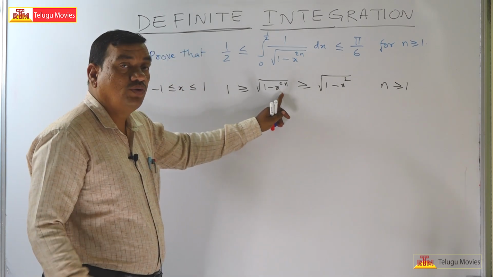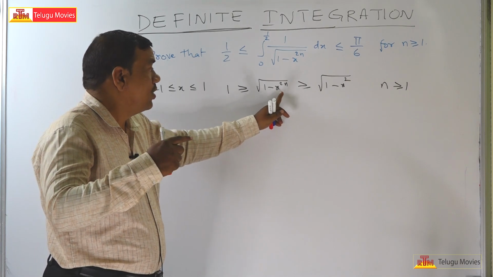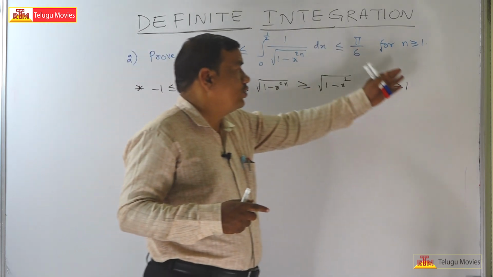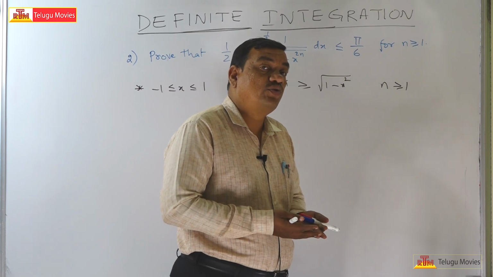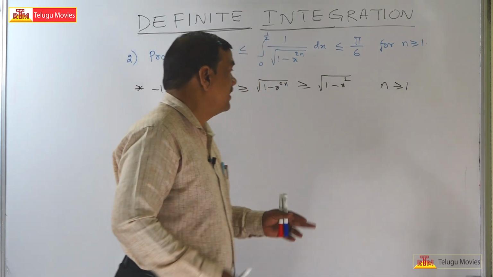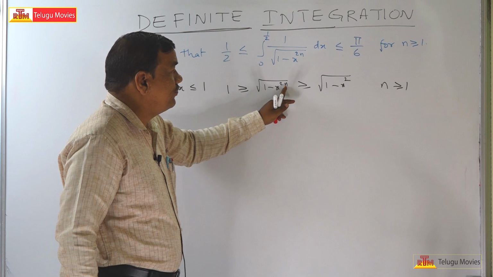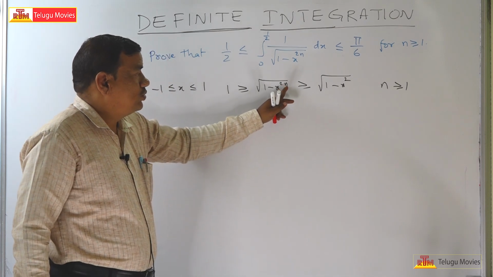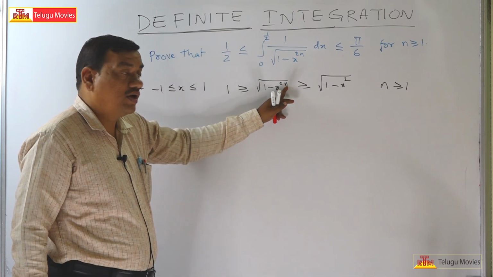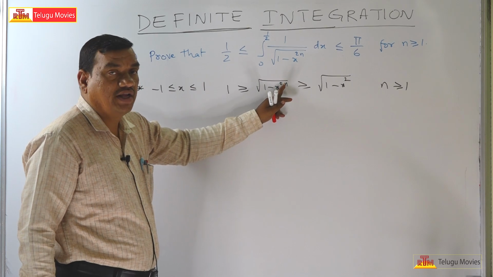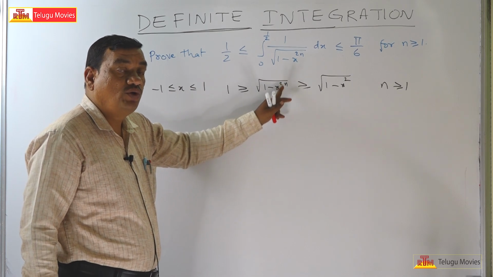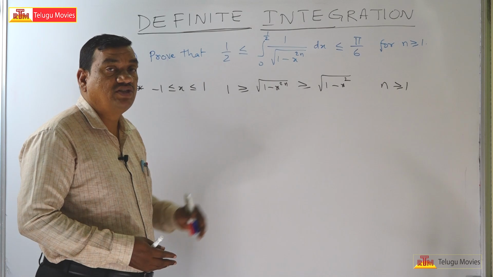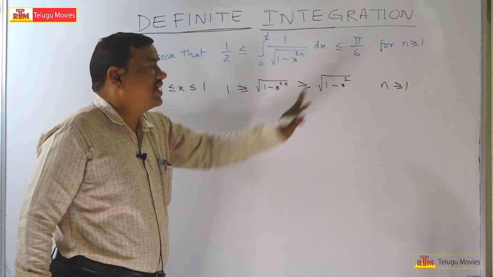This is 1 by 2, with n greater than or equal to 1. If you take n equal to 2, then 2 into 2 is 4, that means x to the power of 4, 1 by 2 to the 4 means 1 by 16, so 1 minus 1 by 16 means 15 by 16. Something value greater than that value.